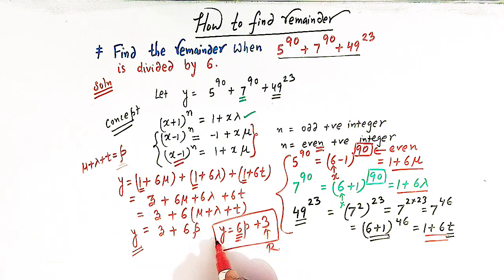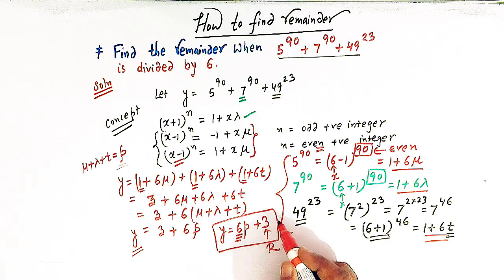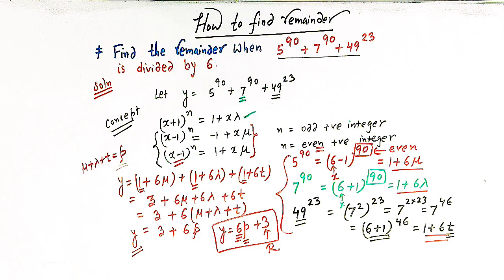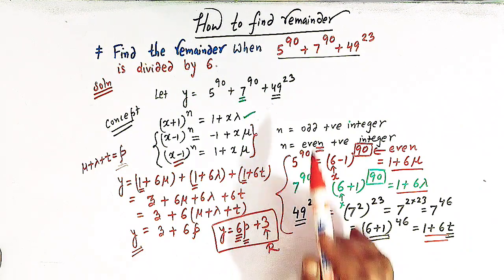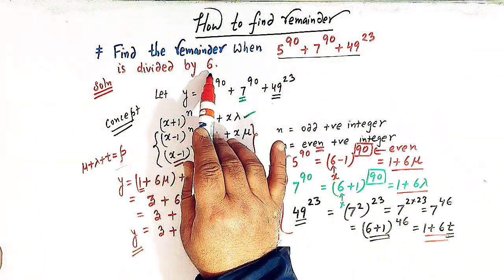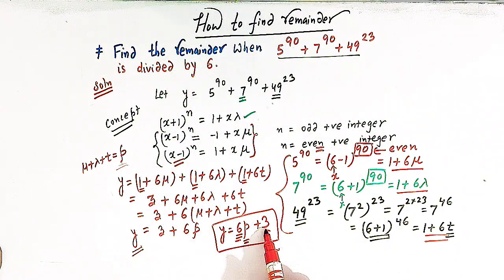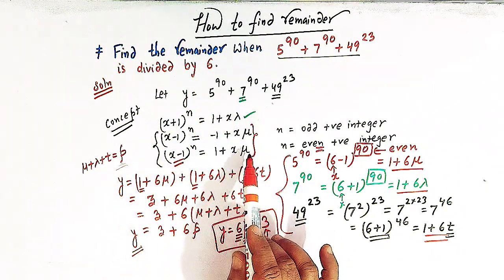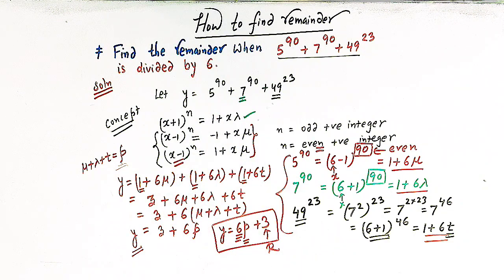Whenever we write a number y in the form y equals 6p plus 3, where p is some integer, the term 3 gives us the remainder when y is divided by 6. So the remainder in this case, when this number is divided by 6, is 3. This is how, by using this concept, we can solve these kinds of problems.